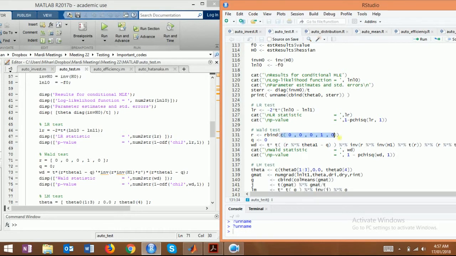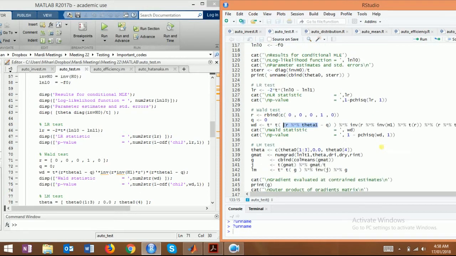So first create the vector column by column. They will be coming in columns. Now you are converting them to rows by rbind. And t of (R theta minus q), R theta 1 minus q, because nothing is scalar here, both are vectors, because theta is also a vector.